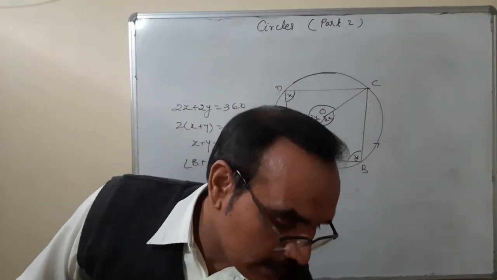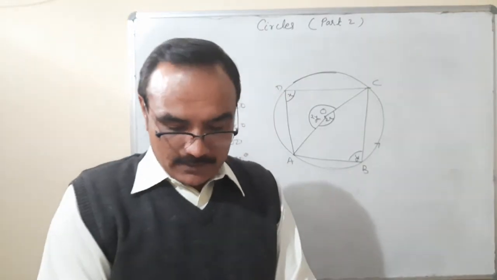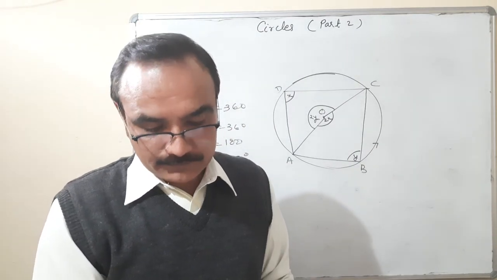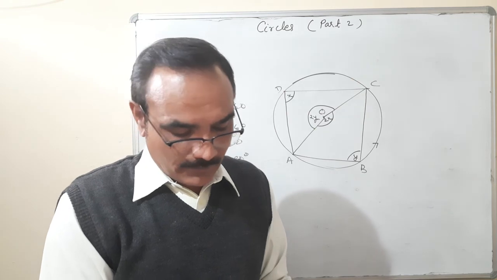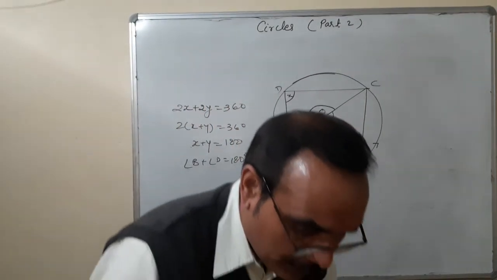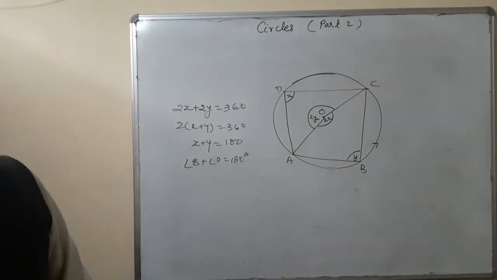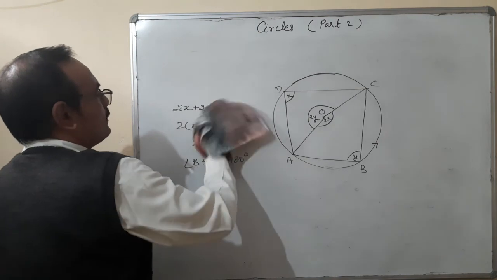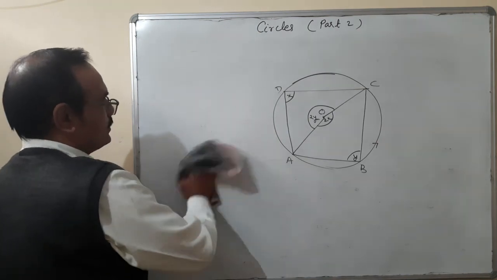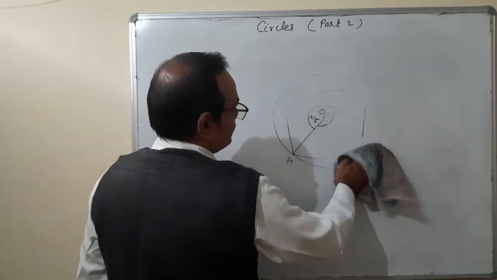Now one last exercise is left. We are discussing this exercise, Exercise 10.5. Okay. But before going to Exercise 10.5, once again let me repeat all the statements of the theorems.